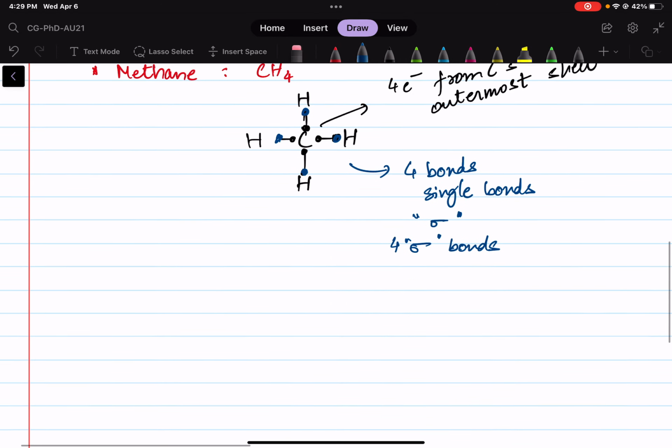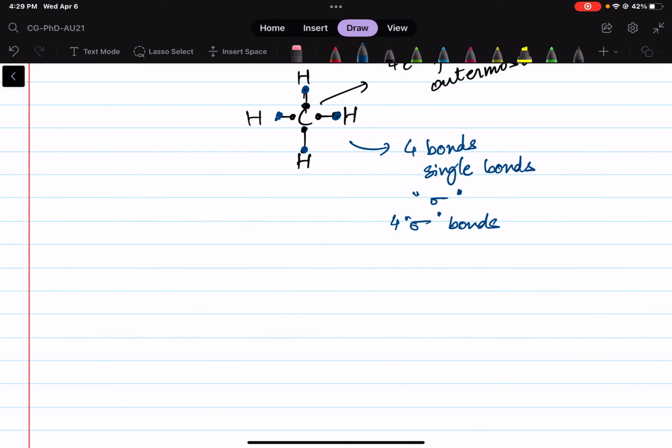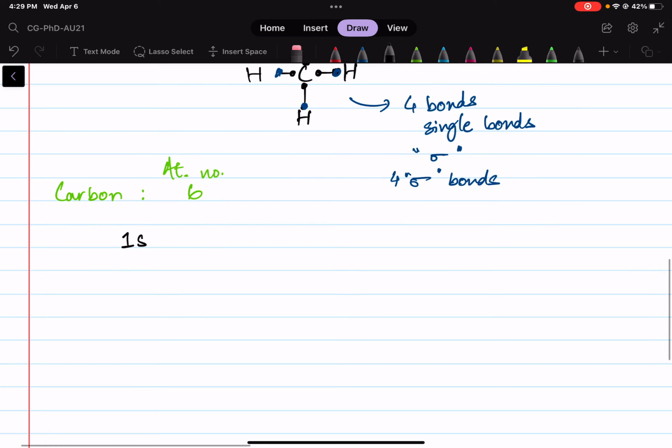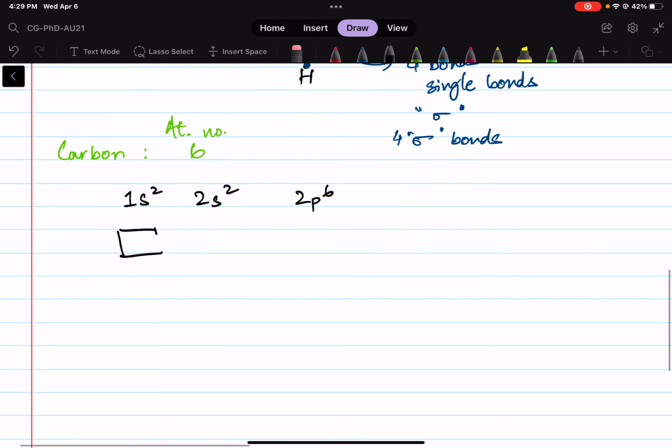But if we write down the electronic configuration of carbon, so let's look at the carbon. The atomic number of carbon is 6. So let's draw the electronic configuration: 1s2, 2s2, 2p2. And then we can also draw the electrons out.